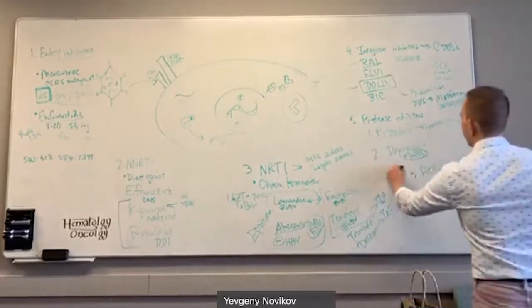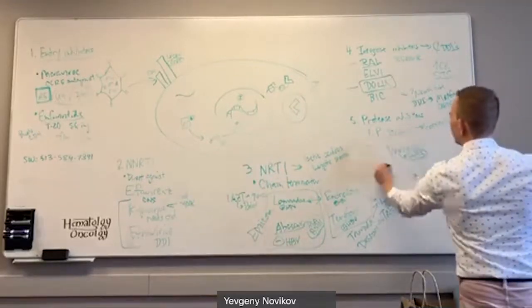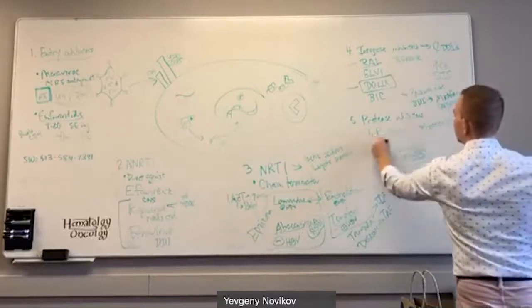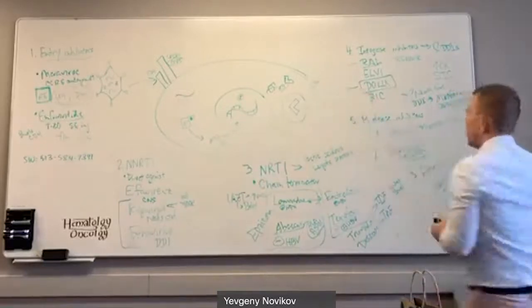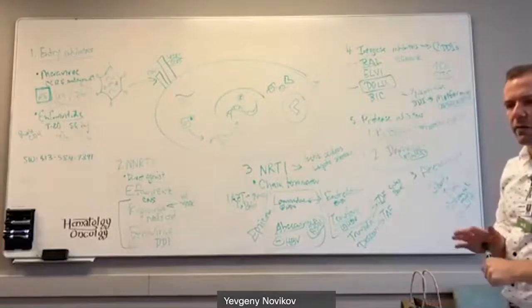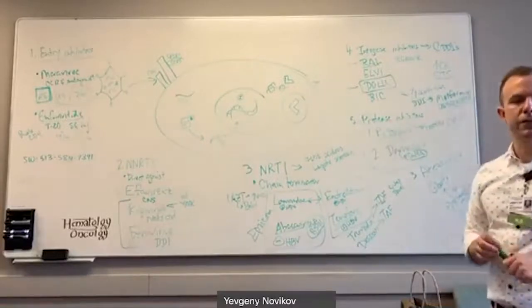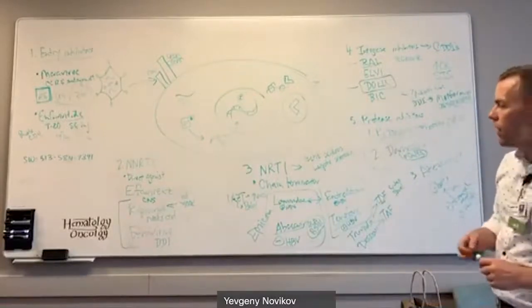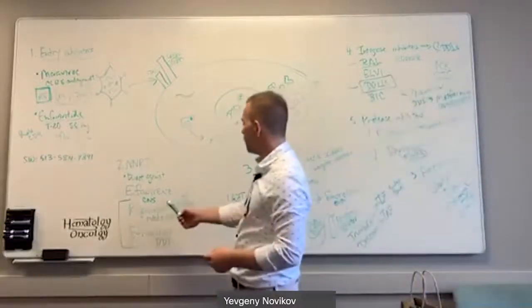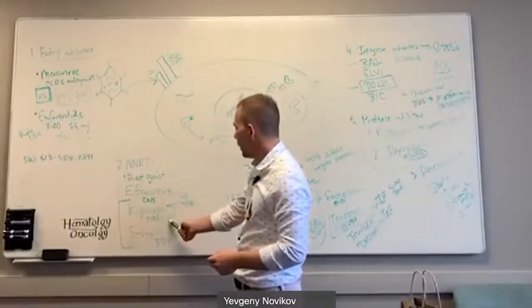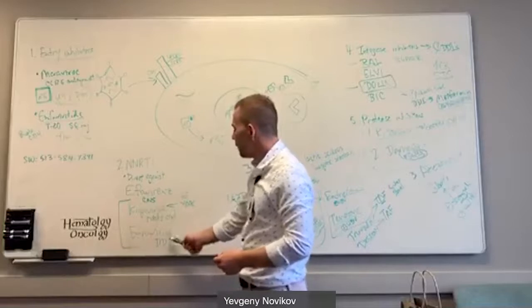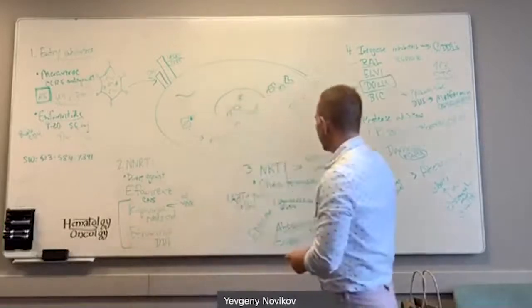So, you got darunavir here, and ritonavir as your booster. All in total, if you knew 10 HIV medications, you would get every single question on the boards right. So you're going to know about rilpivirine and H2 blockers, etravirine, and drug-drug interactions.